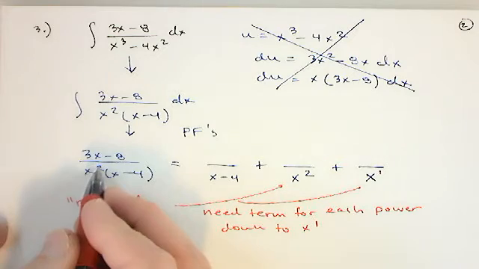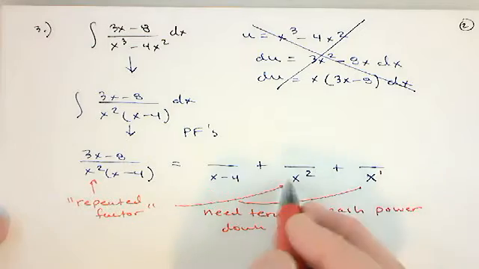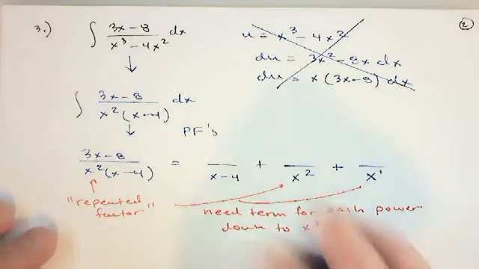So for example, if this had been x cubed, you would have needed a fraction for x cubed, x squared, and x. You would have had to have 3 separate fractions just for that if it had been x cubed. Okay, but that would be a long one. Although you might see some of those.